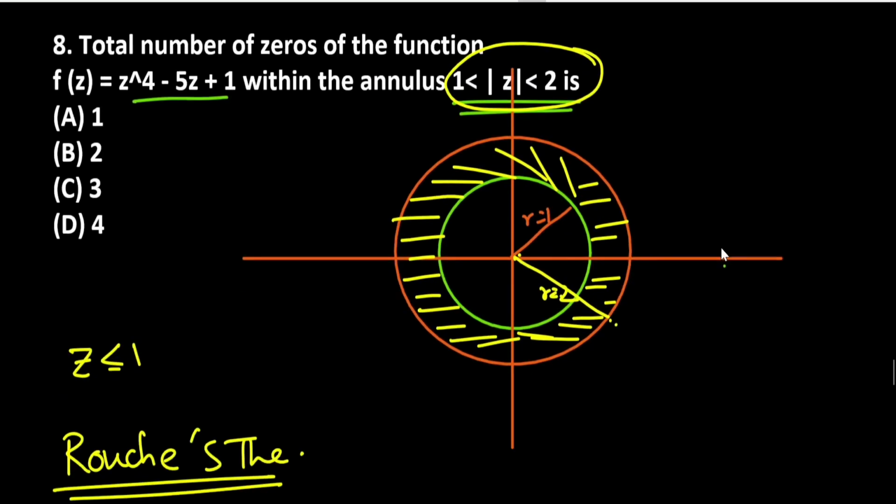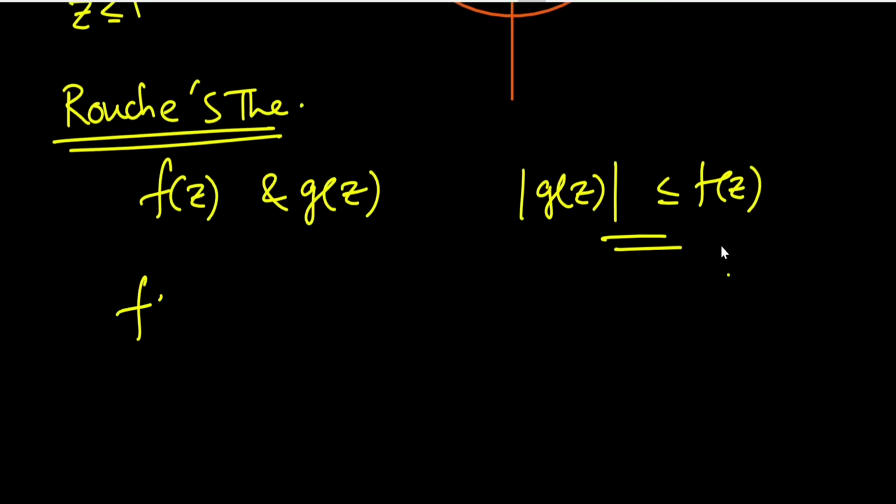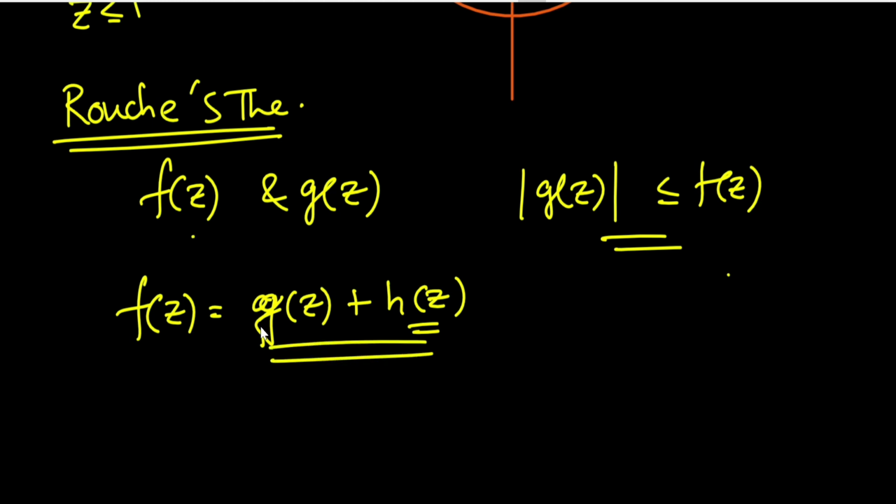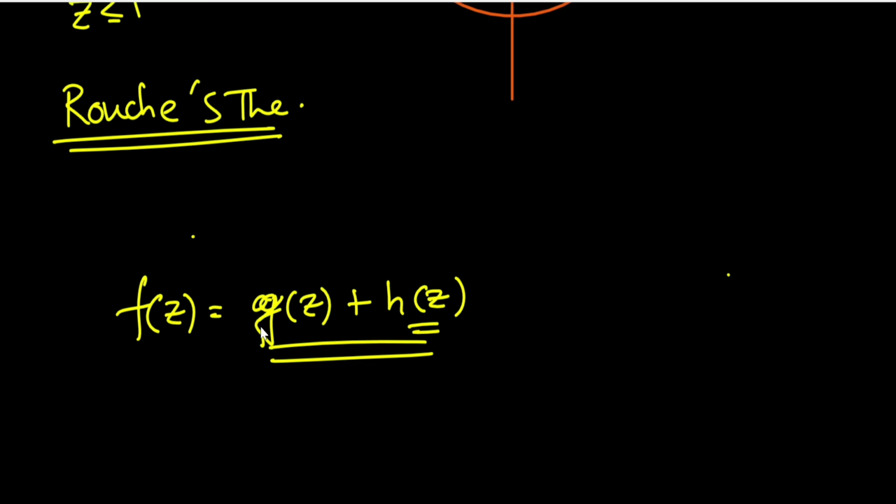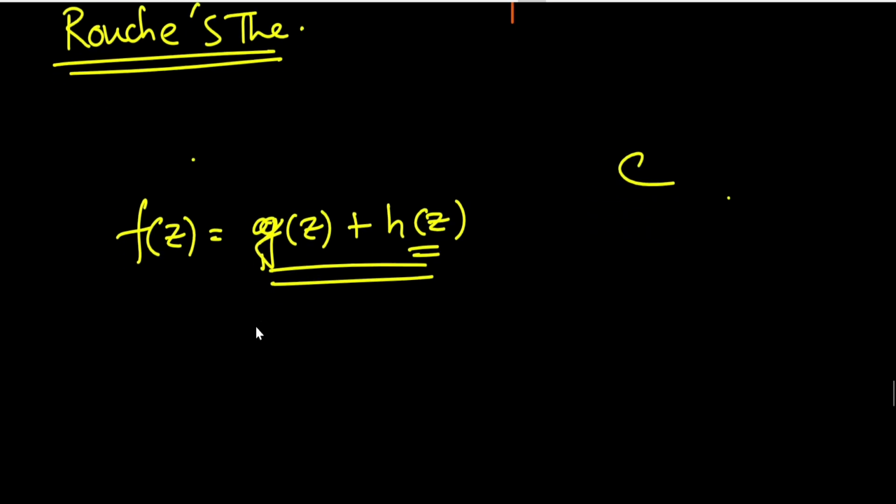So here I write the function as g(z) plus h(z). Now if g(z) and h(z) are two analytic functions inside and on a simple closed curve, then g(z) and g(z) plus h(z) have the same number of zeros inside this region C. This is Cauchy's theorem.